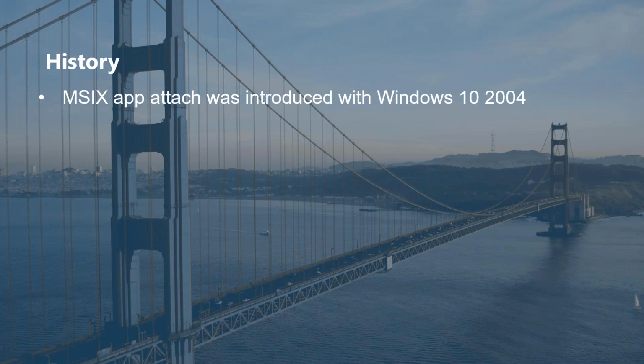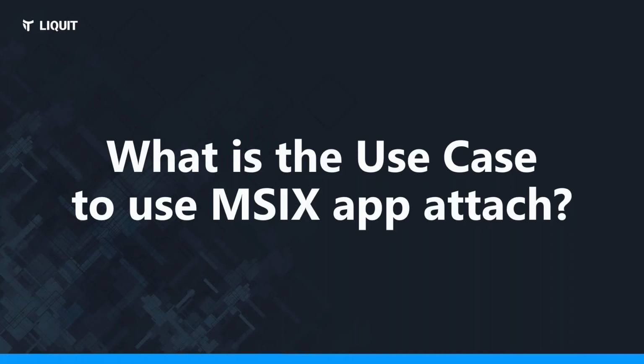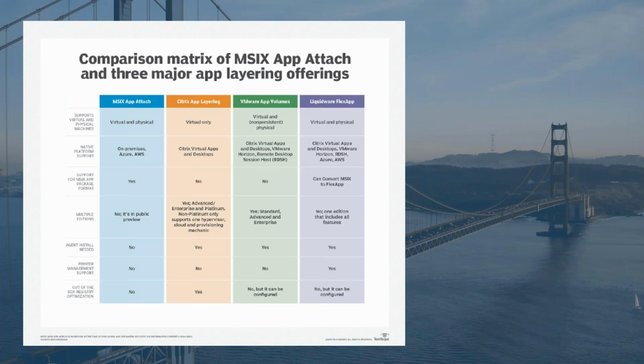Now, something disruptive happened over the last 2.5 years, and that was the introduction of MSIX App Attach, which works based on MSIX packages. And Pete had a slide in the beginning that compares with Citrix, VMware, and Liquidware. I don't want to go into detail, but this is Microsoft's implementation of application layering.